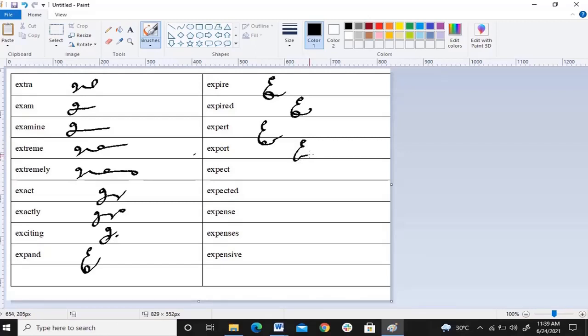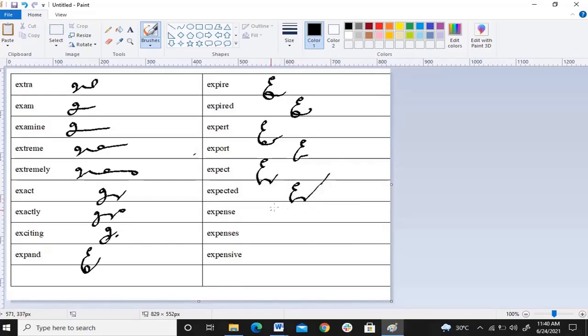Next, export. E-S-P-O-T. Bakit po OT lang? Export naman, it's export. Wala siyang R. Export. Next, expect. E-S-P-K-T. Expect. Wala pala siyang E, I'm sorry. Next, we have expected. E-S-P-K-T-D.